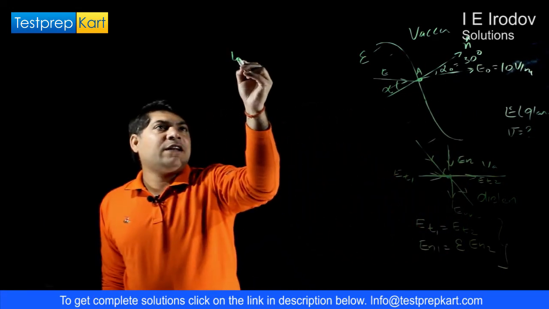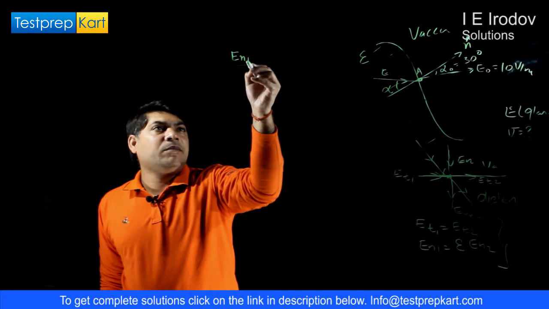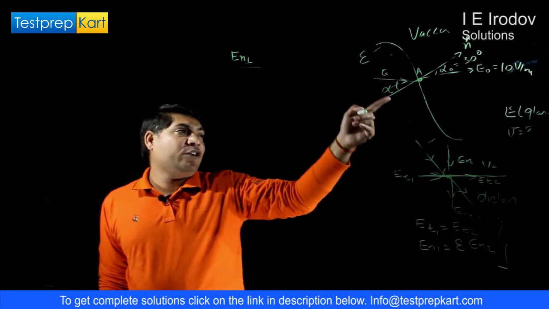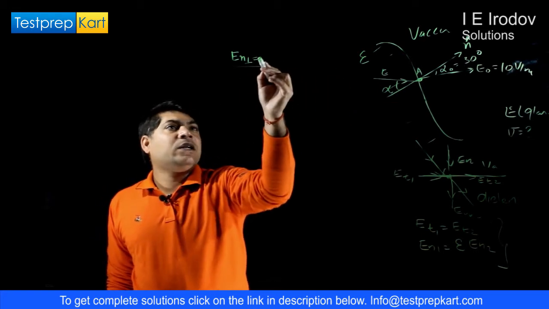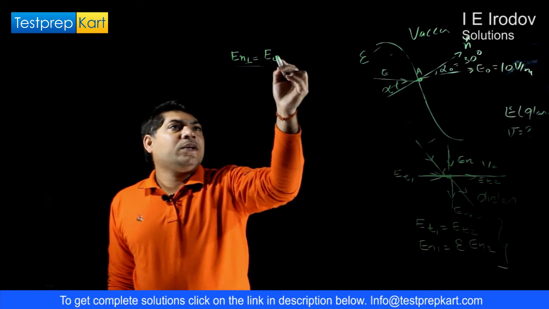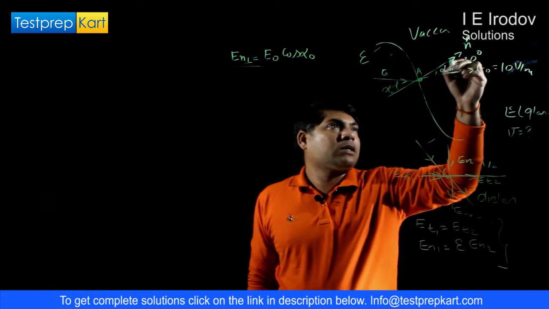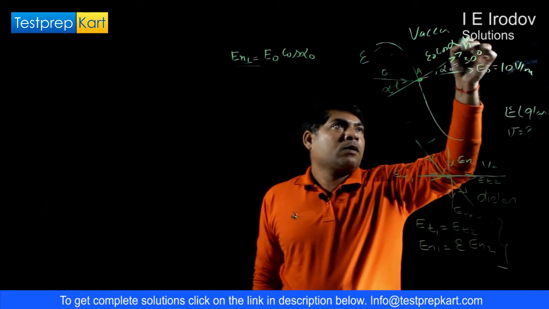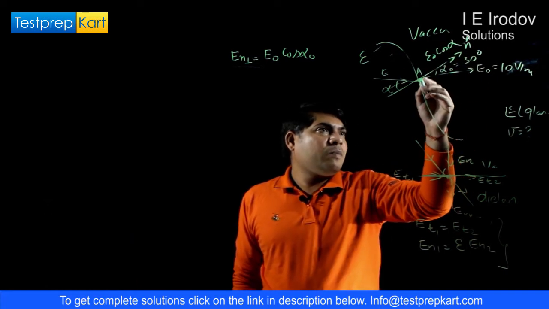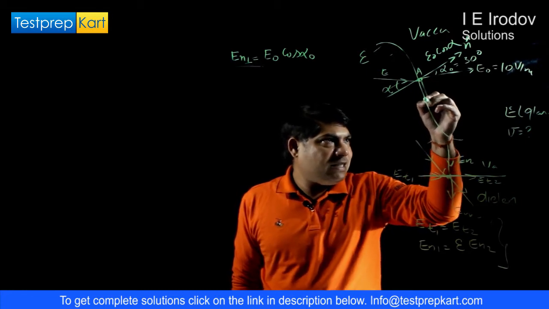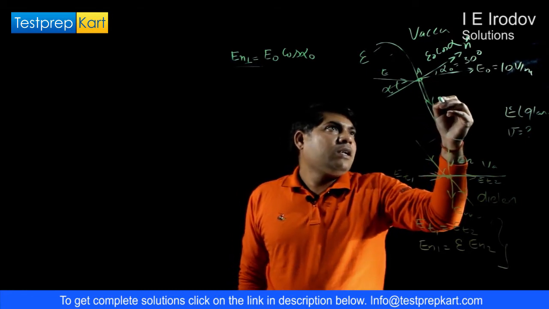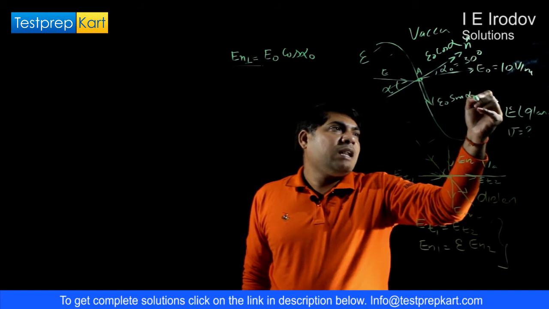So we can find the normal component in medium 1, taking vacuum as medium 1. This component would be E naught cos alpha naught, and the tangential component is E naught sin alpha naught.